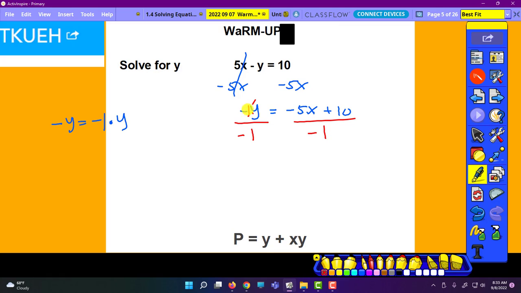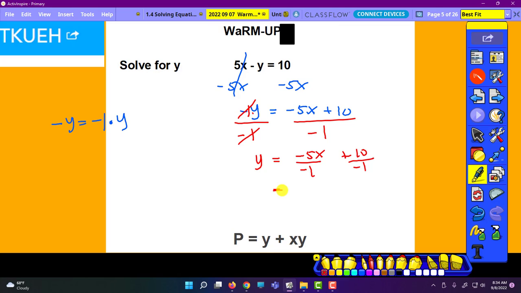We can now cancel the negative 1 and negative 1. That's just equal to positive 1. You can write positive 1 times y if you want, but anything multiplied by 1 will just give you the same expression. On the right side, if you have a negative denominator, make sure that you separate your numerator and then simplify each term.